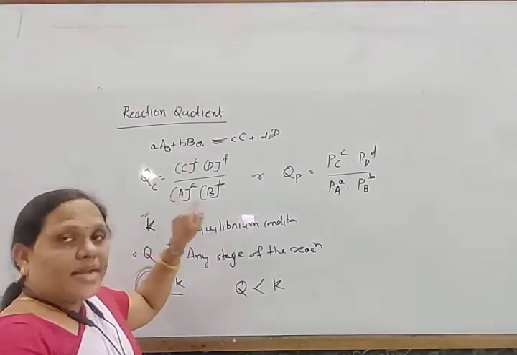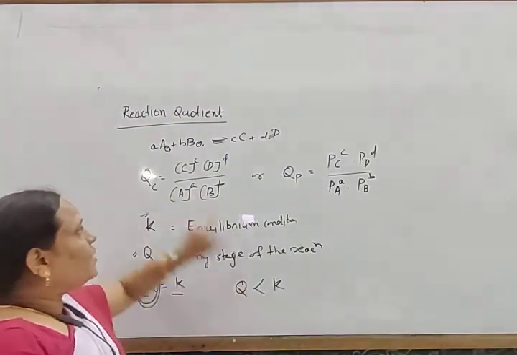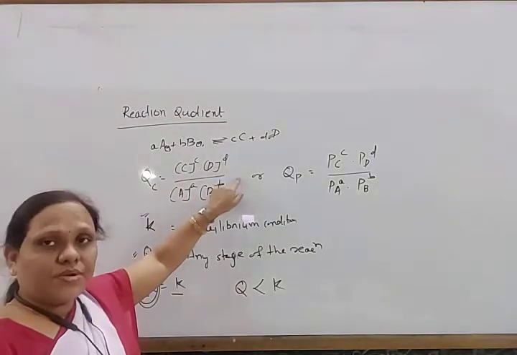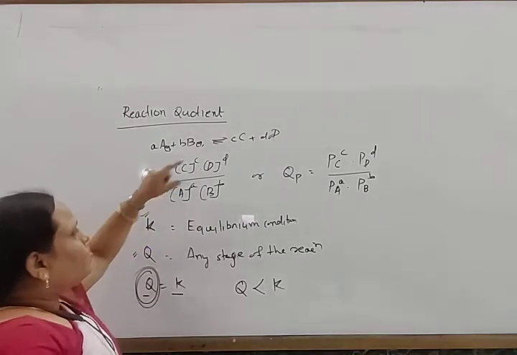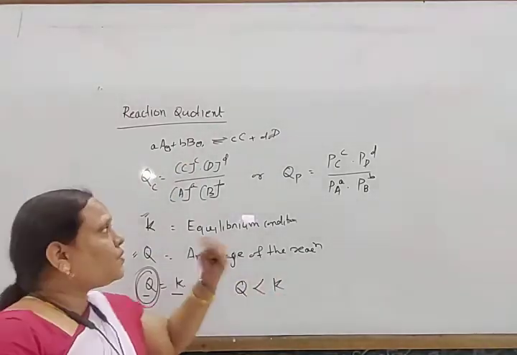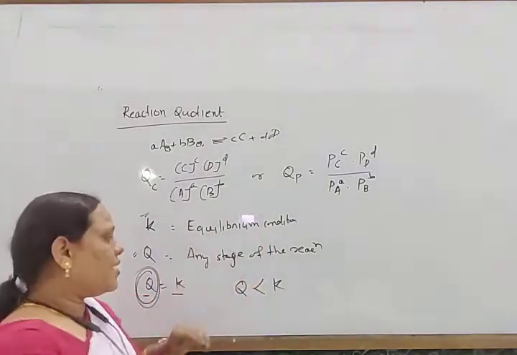To achieve this value K, more amount of products should be formed. So to achieve equilibrium, the reaction will shift towards the forward direction.